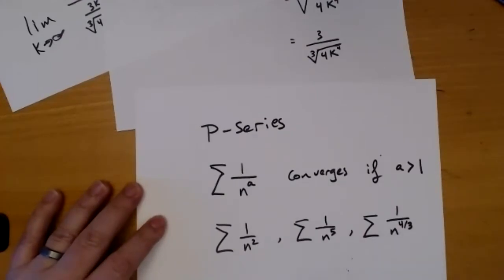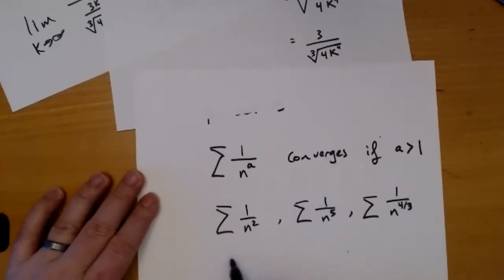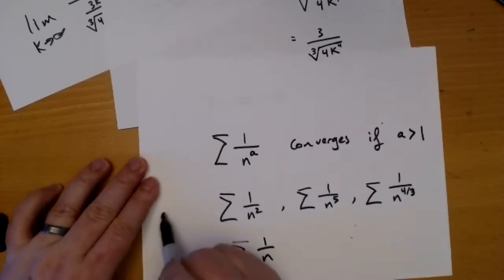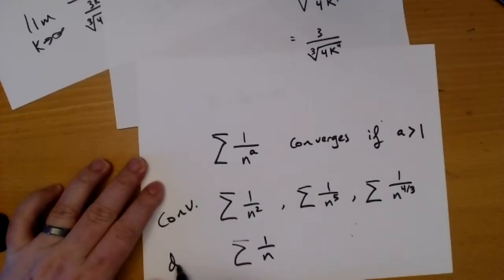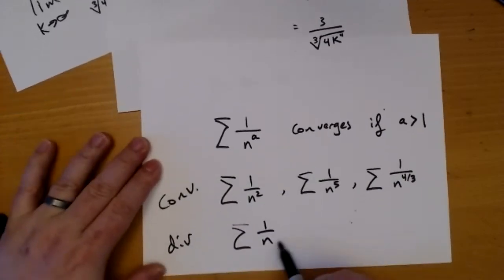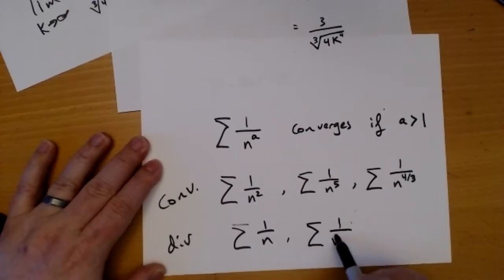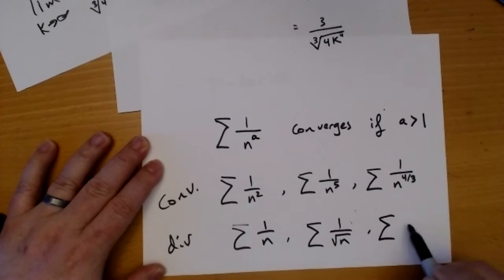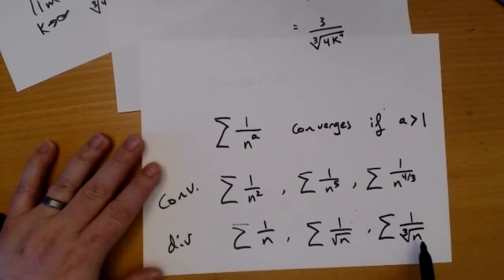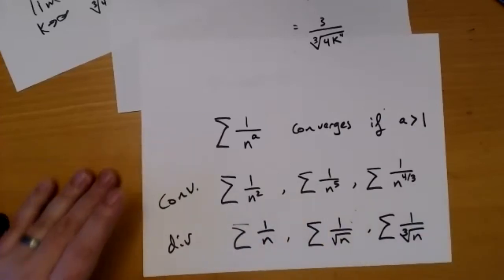All of these converge, but that does not, because that's a 1/2, right? All of these diverge, but all of those converge.